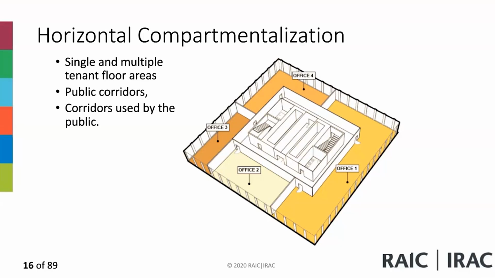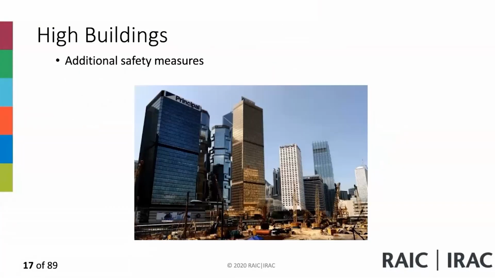We're going to look also at horizontal fire compartmentalization, tenants and multiple tenant separations, and corridor separations. We'll look at special provisions for high buildings, and high building is a defined term.